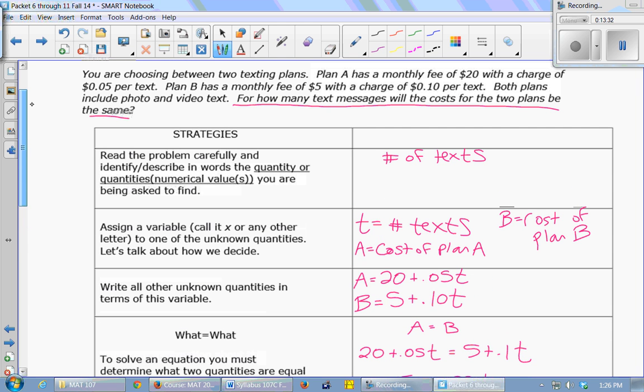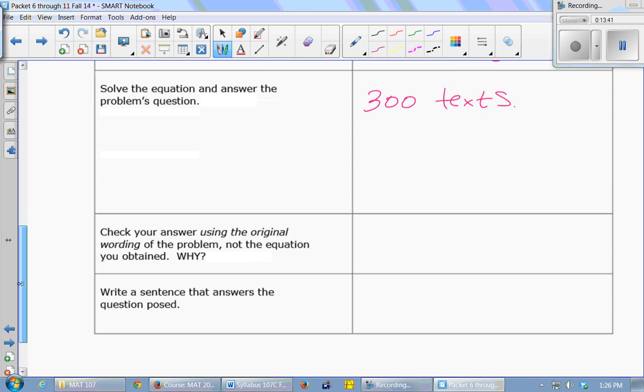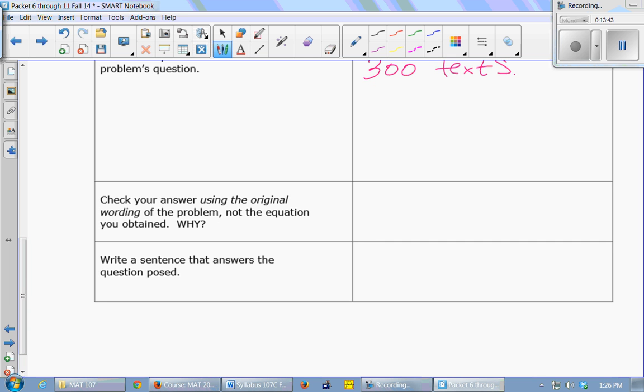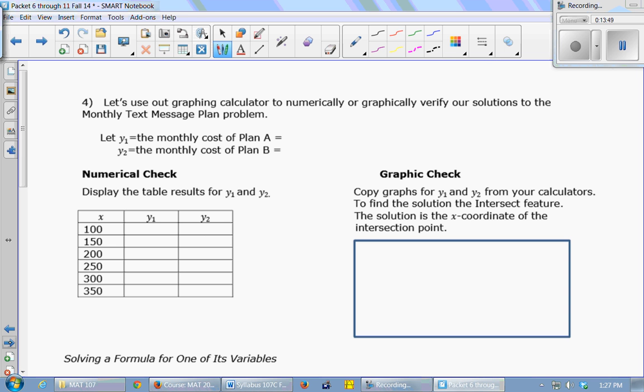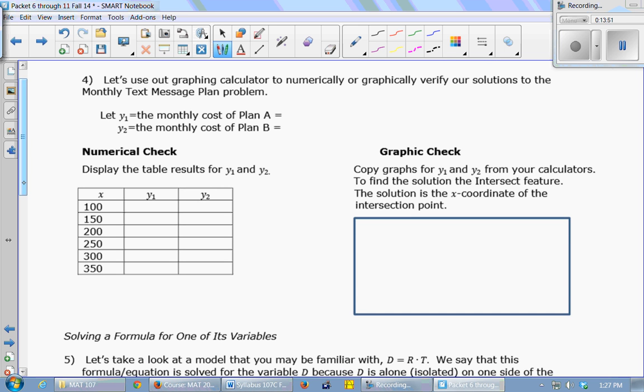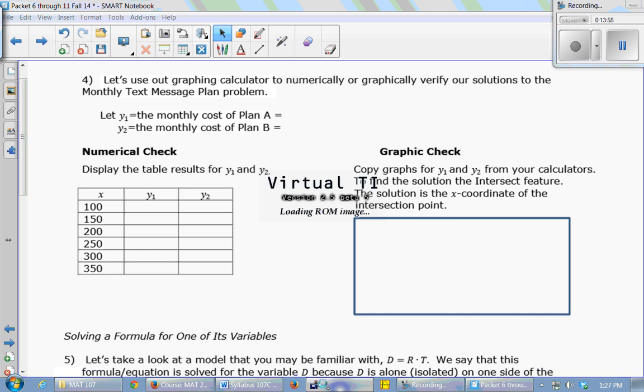Less than 300, choose plan B. If you're going to do more than 300, choose the one that's less expensive per text. Plan A. Okay, it's good practice to check your answer. And I'm going to show you how to do this graphically on a calculator and in GeoGebra.